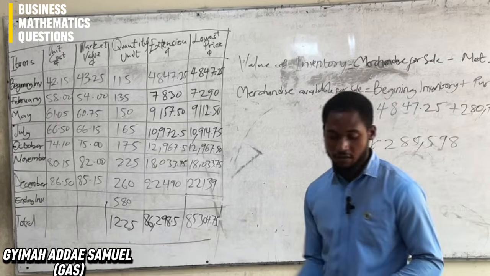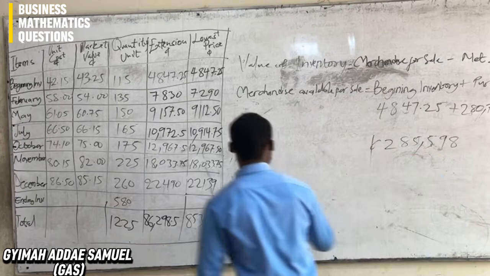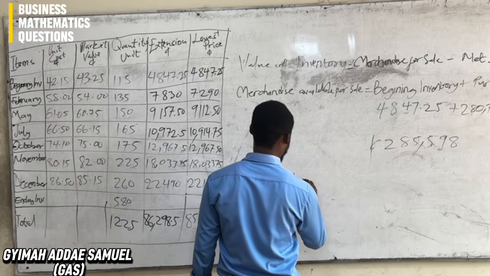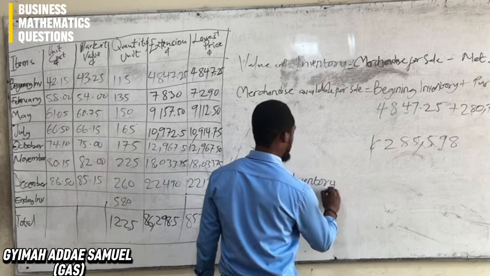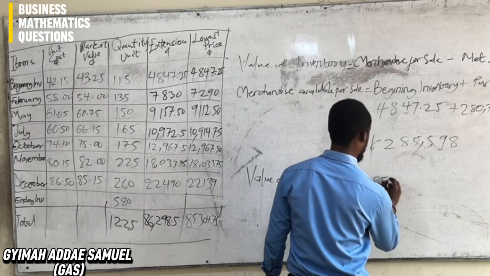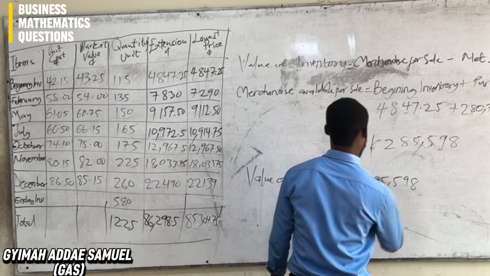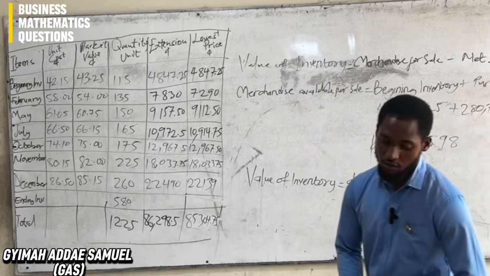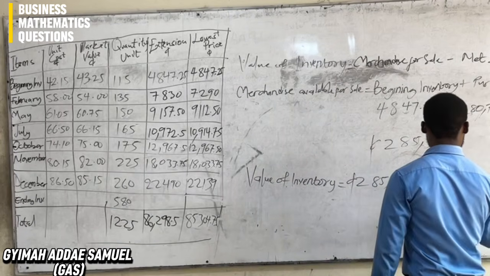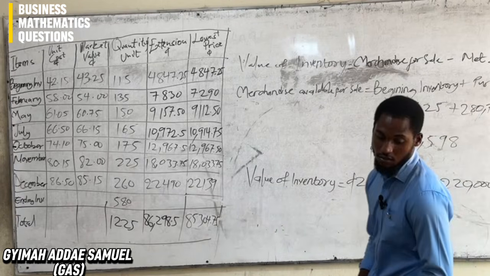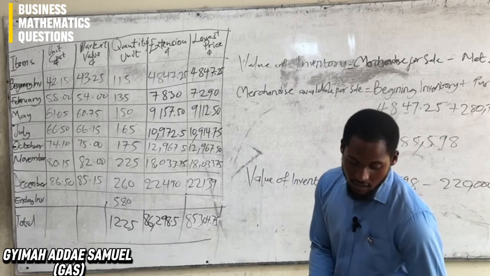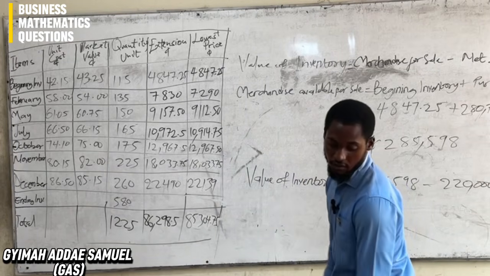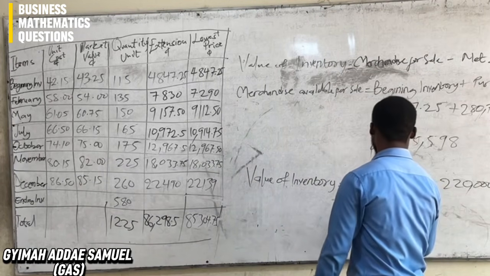After getting this, you subtract your net sales from this to get your value of inventory. Our net sales provided is 220,000, and when you subtract, you are getting 65,598.